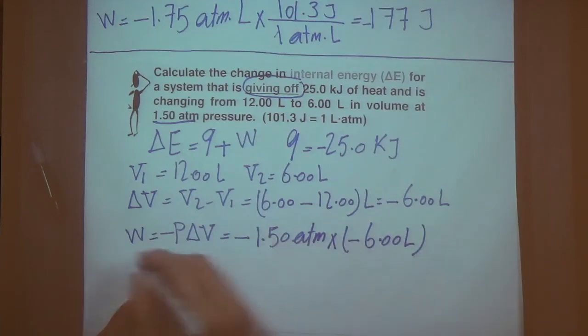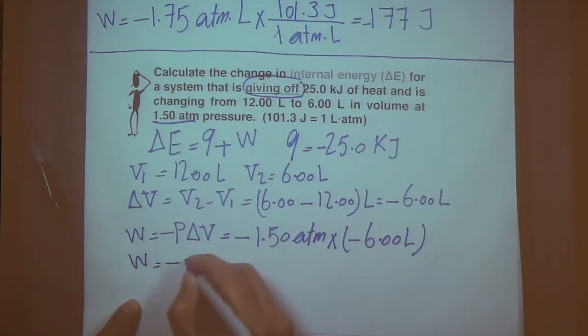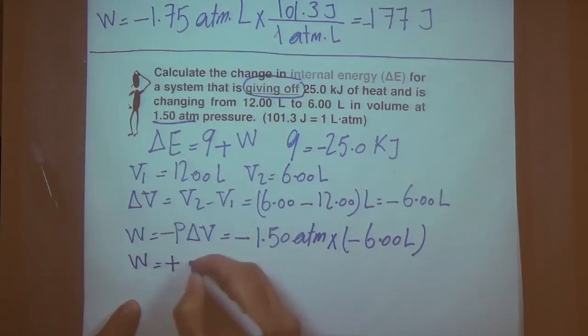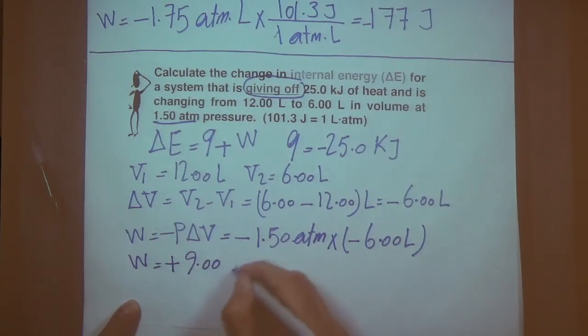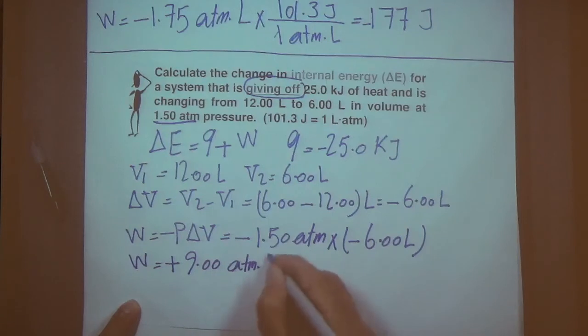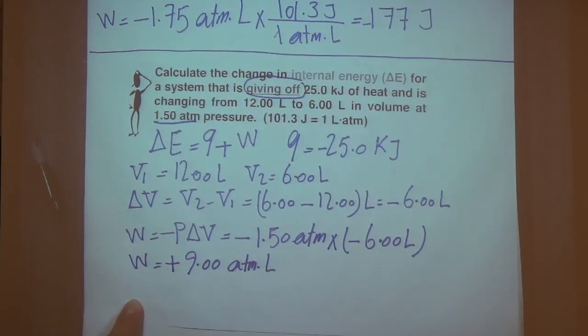This one will give you work equal to minus. Minus times minus will be plus. It will be 9 atmosphere liter. We need to find this one in kilojoule. Why?